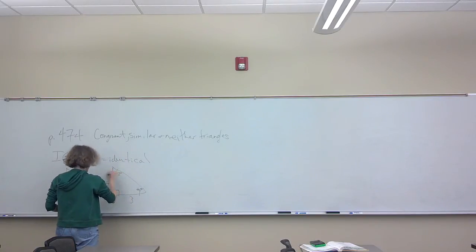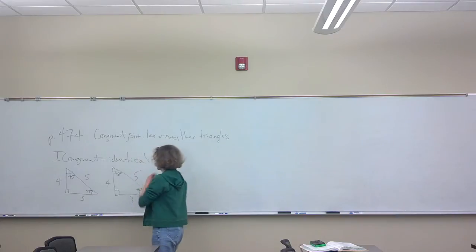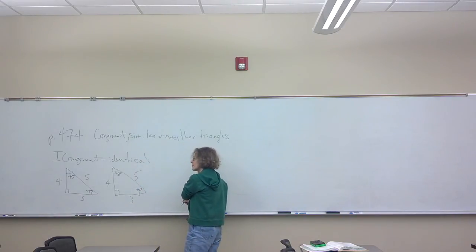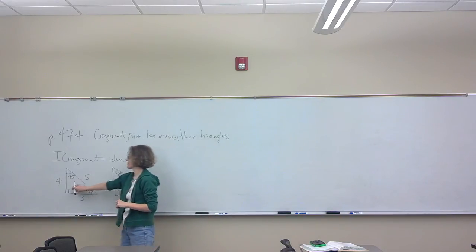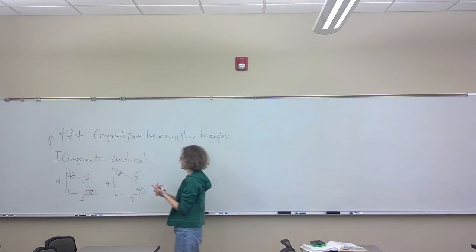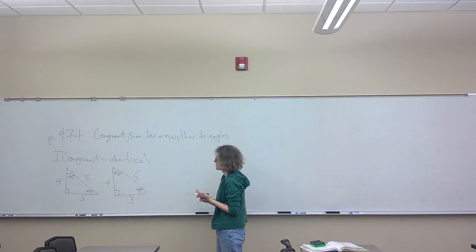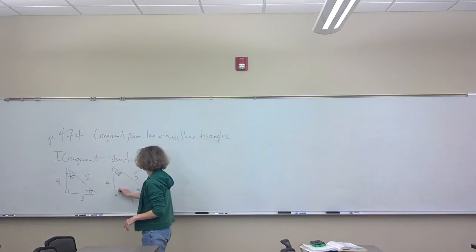Those will look better than mine. Congruent means identical. It means if you take this triangle and put it on top of this one, you're only going to see one triangle. They have all the same side lengths. They have all the same angles inside. Remember this little box in the corner means 90 degrees.